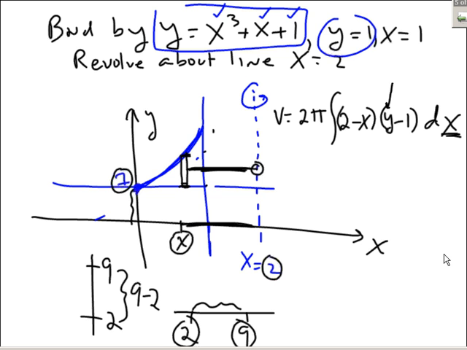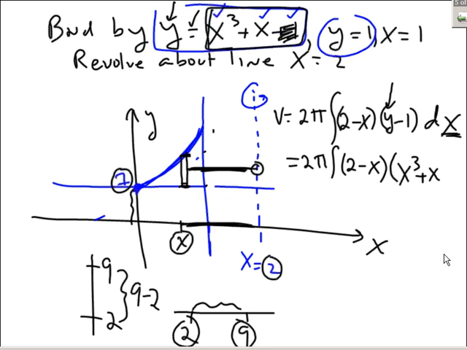Okay, now nothing I wrote is wrong, but if you're going to integrate with respect to x, you shouldn't have y's. But we have a way to rewrite y. It says y equals x cubed plus x plus 1. Well, if I take away 1, I'll have x cubed plus x. That is, we have 2 pi the integral of 2 minus x times x cubed plus x dx.